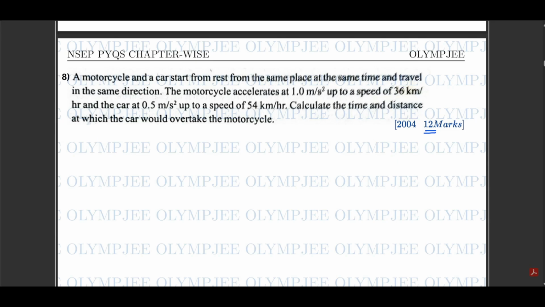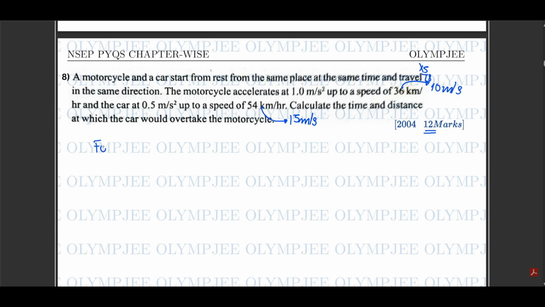First let's convert this into meter per second. So we multiply it by 5 by 18. So this will be 10 meters per second and this will be 15 meters per second. So first let's calculate when will the motorcycle achieve a speed of 10 meters per second.